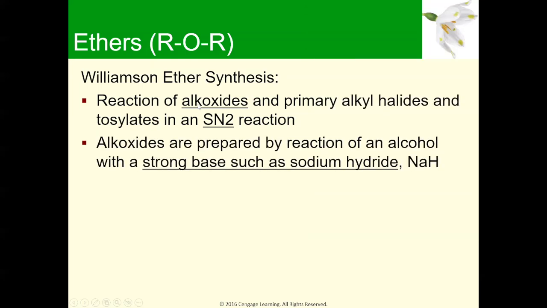We said that this involves the reaction of an alkoxide. So, well, first of all, remember what that is. An alkoxide is when we had an alcohol, so we had ROH, and then some strong base comes along and removes that hydrogen, dumps its electrons onto the oxygen, and our product is that oxygen that now has a negative charge on it. That is an alkoxide.